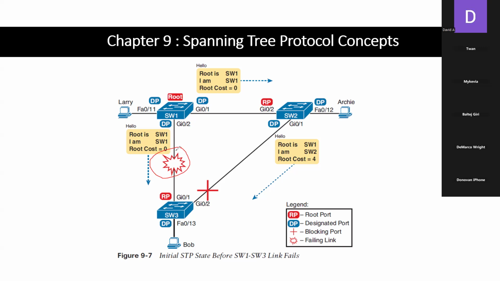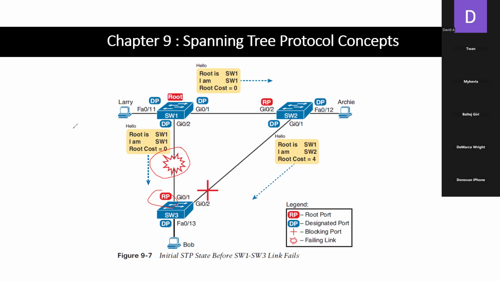Now what happens? Switch three's root port isn't receiving hello BPDUs from the root. So switch three's control plane, its CPU, is now counting on the max age. We're going to assume for this diagram, because we can't see any configurations, that it is waiting 20 seconds.